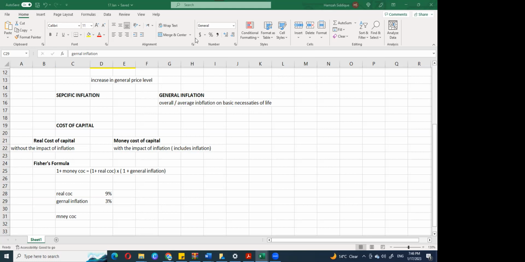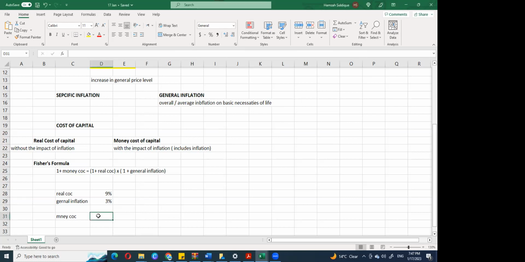Okay, no worries. This is the formula to be applied, given above. 1.12. Really? 0.12.